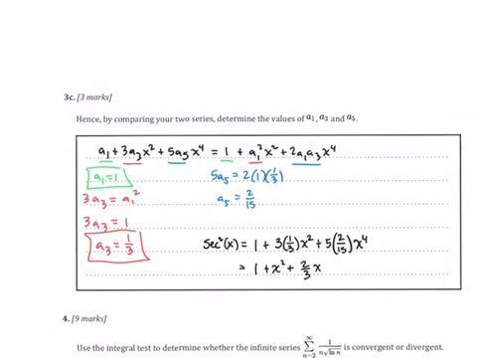Yep, 2/3 x to the fourth. That would be a Maclaurin series for secant squared. That's pretty cool. Again, just getting creative there, seeing how well you know what you know about series.